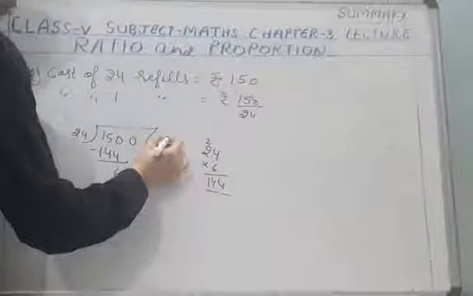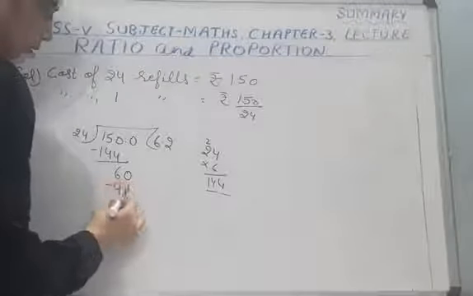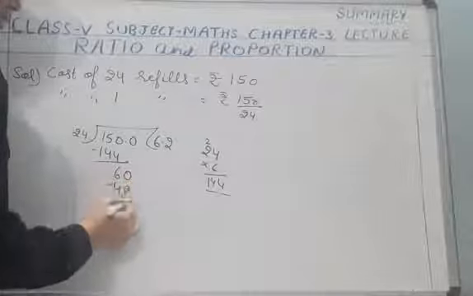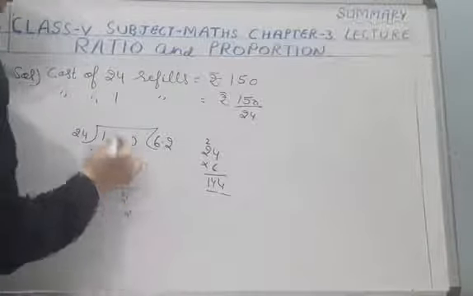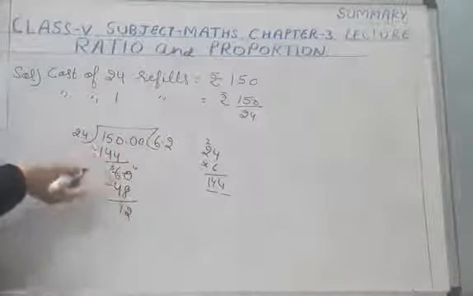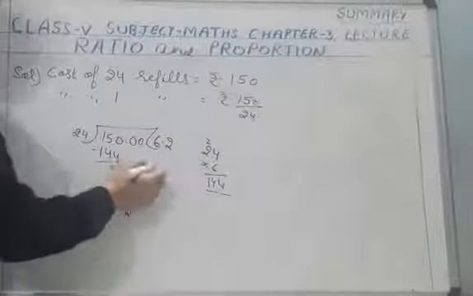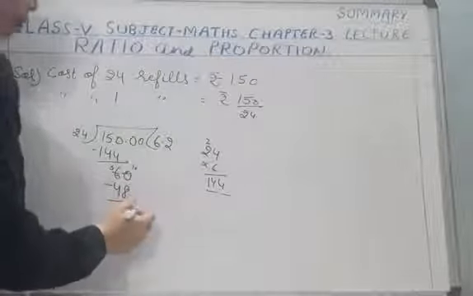24 2s are 48. 10 minus 8 is 2. 5 minus 4 is 1. It will become 5 because it has given one borrow here. Now again put one more 0, because if we are not getting the division complete, then at least 2 places of decimal we will take. But here as it is cost, it should be complete.